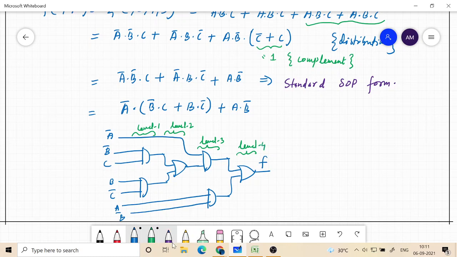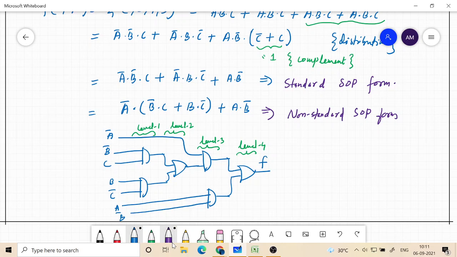Okay, so this one is non-standard SOP form, non-standard. Okay, so here we can't implement this expression with just two levels. We have more than two levels. So in this particular case, there are 4 levels that are required.